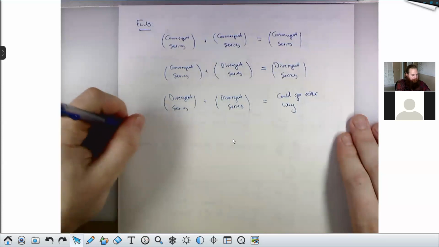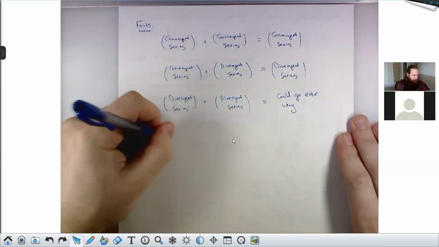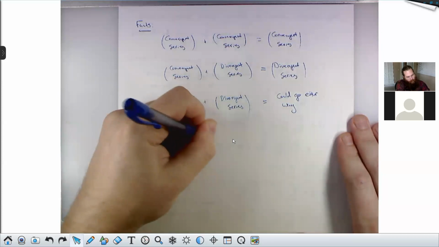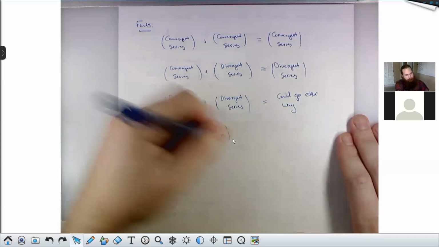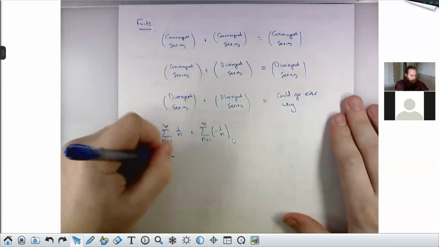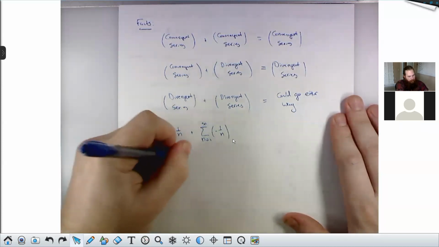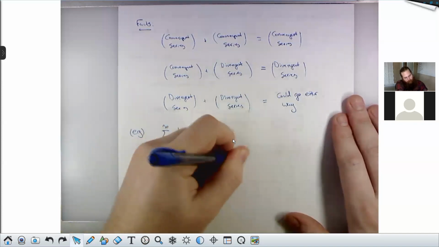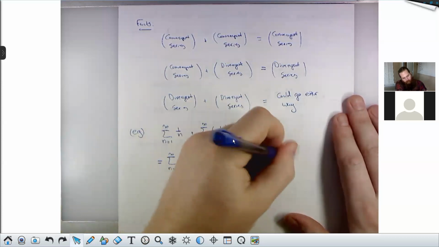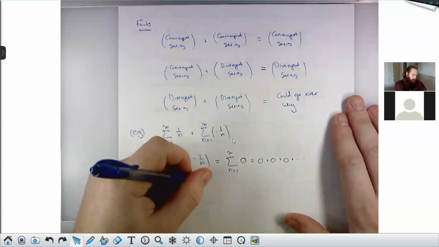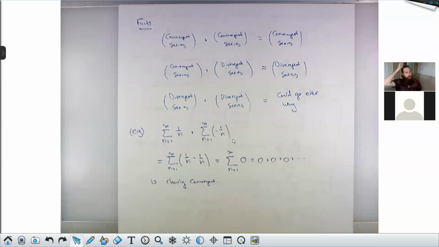So for example, each of these is a divergent p-series, but if I add those up, you get a convergent series.